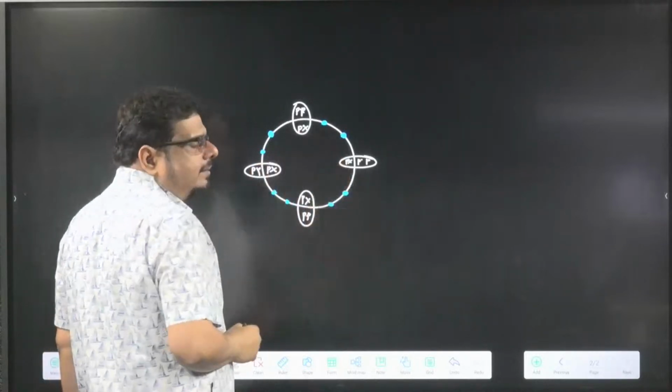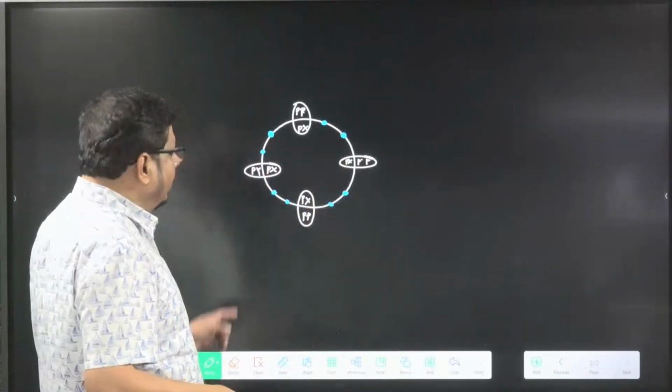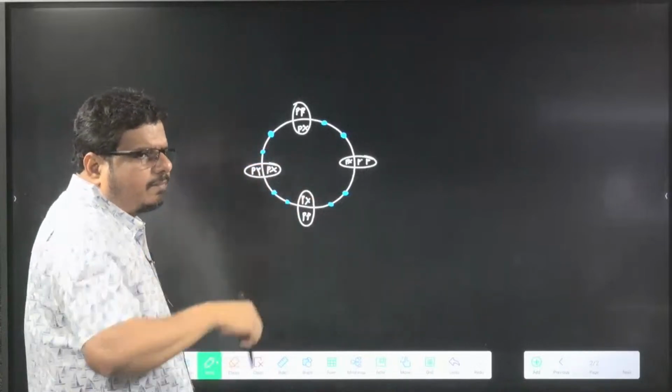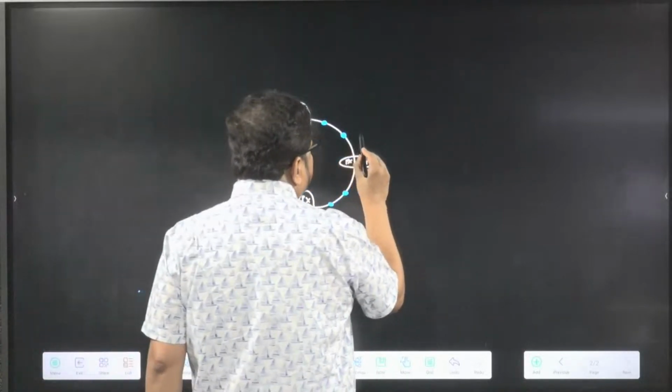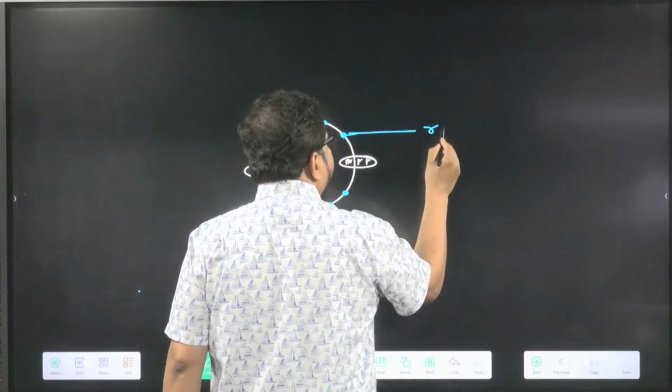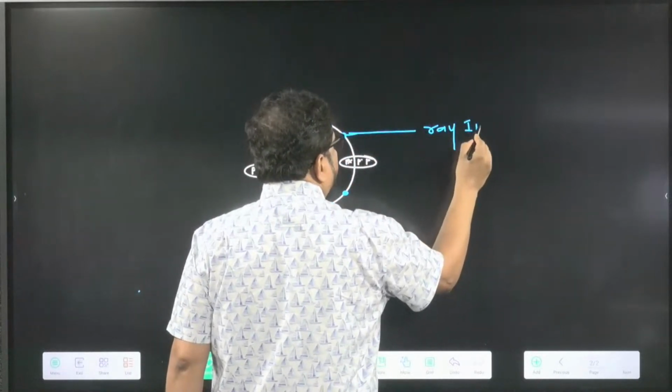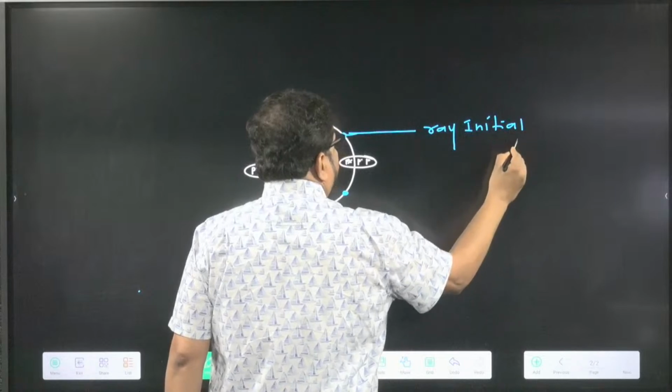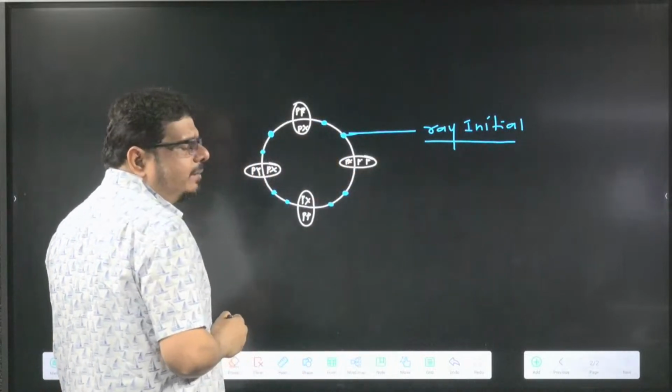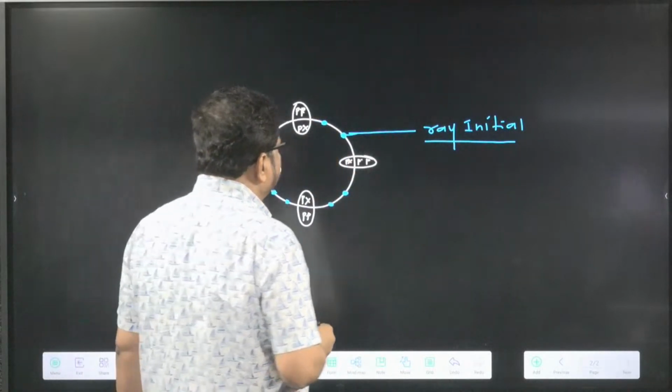One I showed by the blue dot, one I am showing with the white layer lines. This cell is called the ray initial cell. It is present in which one? The vascular cambium ring.